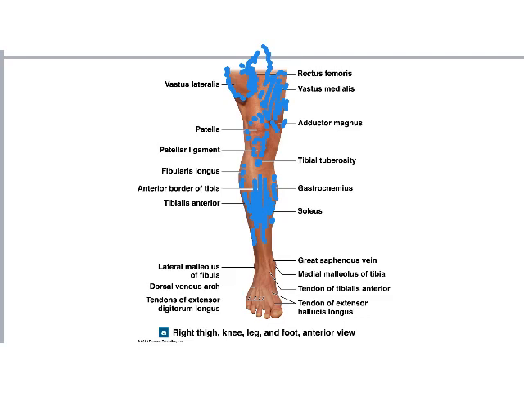I do want you to remember the lateral and the medial malleolus, and this is where you would check a pulse, just posterior to the medial malleolus. You can feel a tibial pulse. We'll talk more about that when we get to the cardiovascular system.